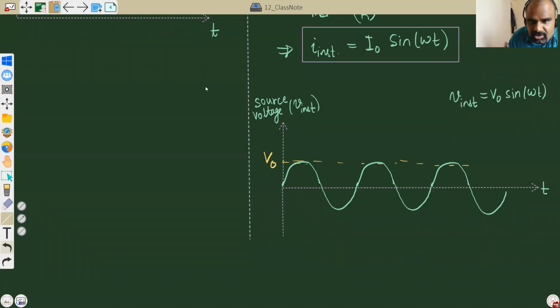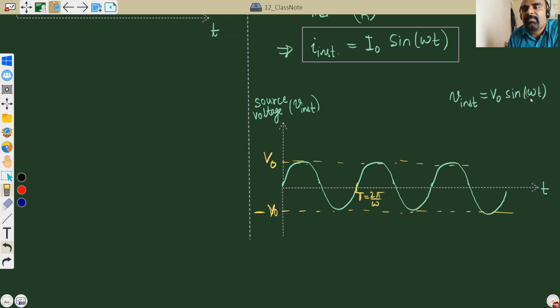It will be minus V naught here. Okay, this particular time is one time period, and that will be 2 pi by omega. We know where the omega is.